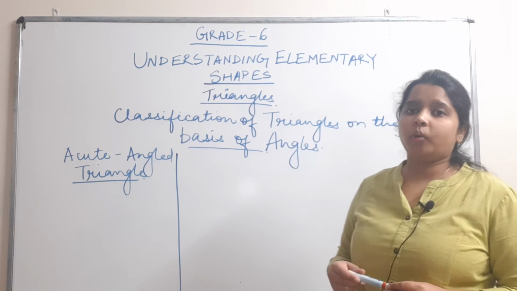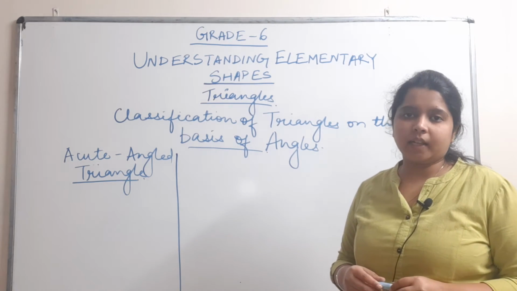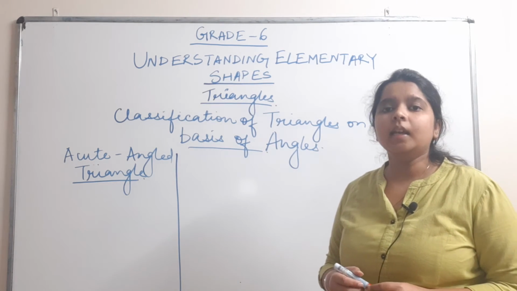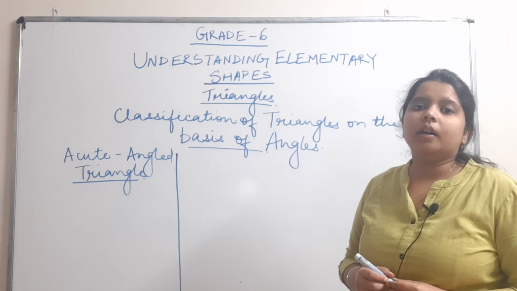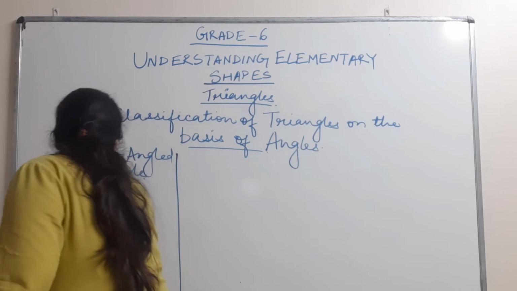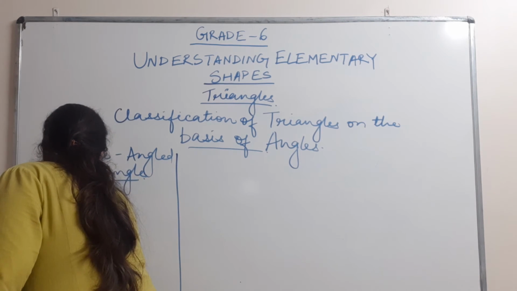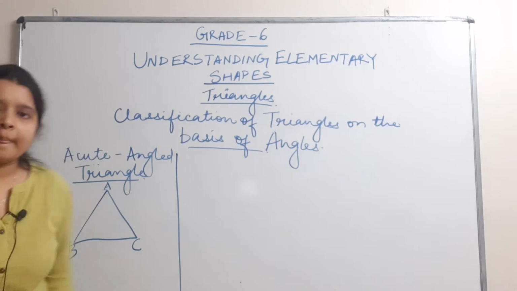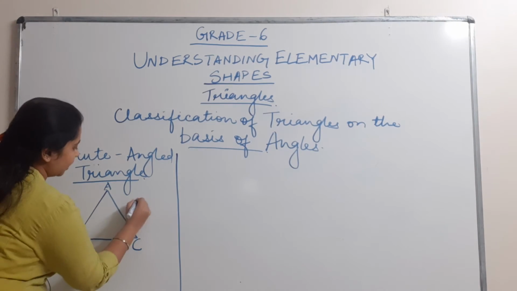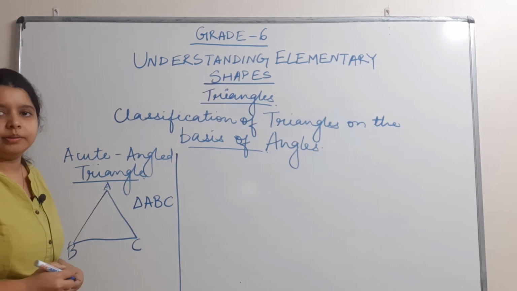You know what is acute? The angle which is greater than 0 degree but less than 90 degree is known as acute angle. So all the angles of this triangle are acute. Triangle ABC is an acute angle triangle.